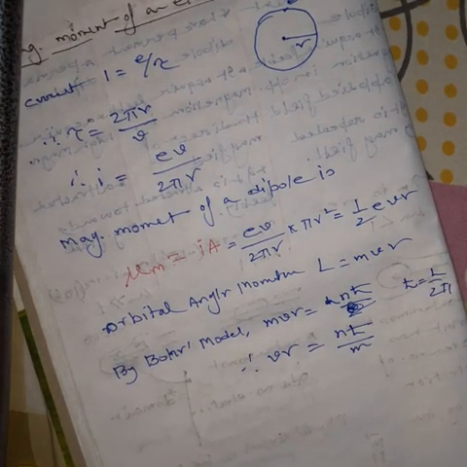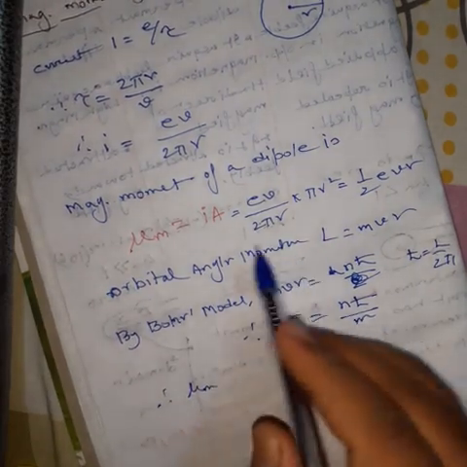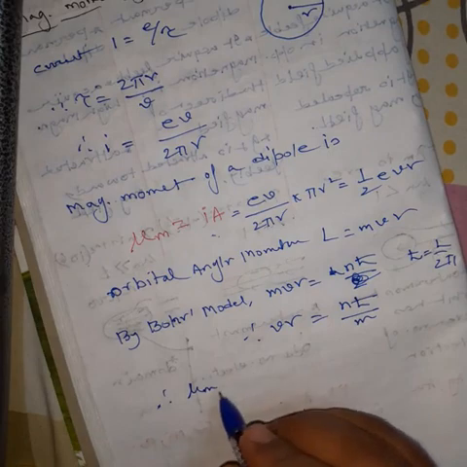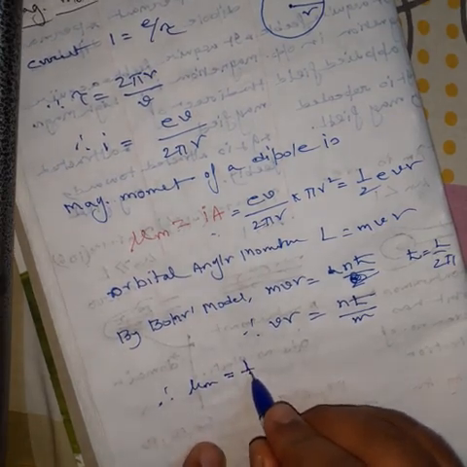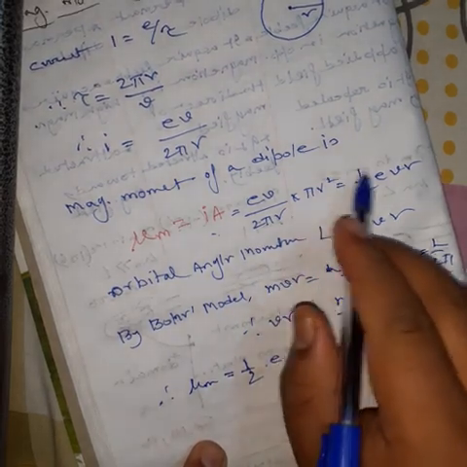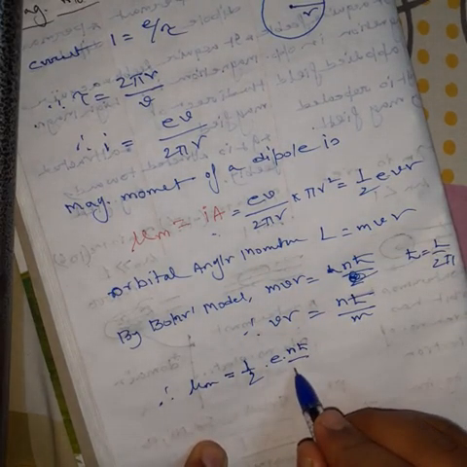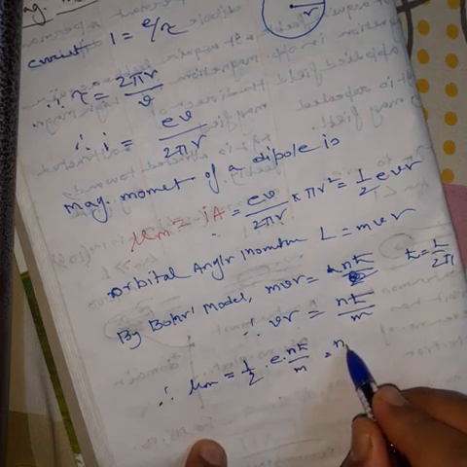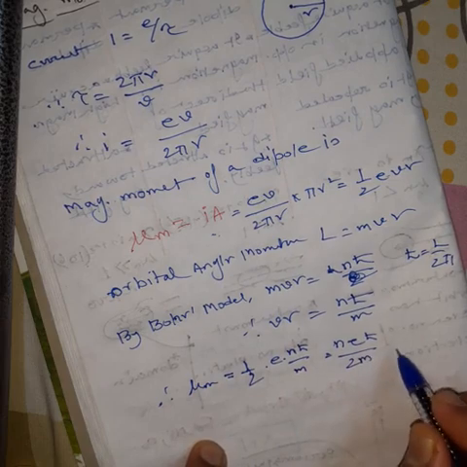So I can write mu m is equal to half into e into vr. vr means n h cross by m, so this is n e h cross by 2m.